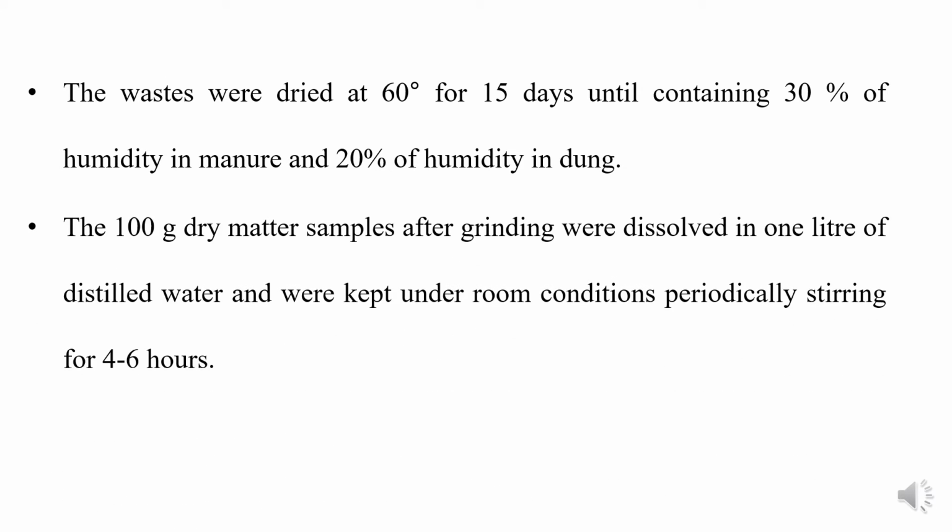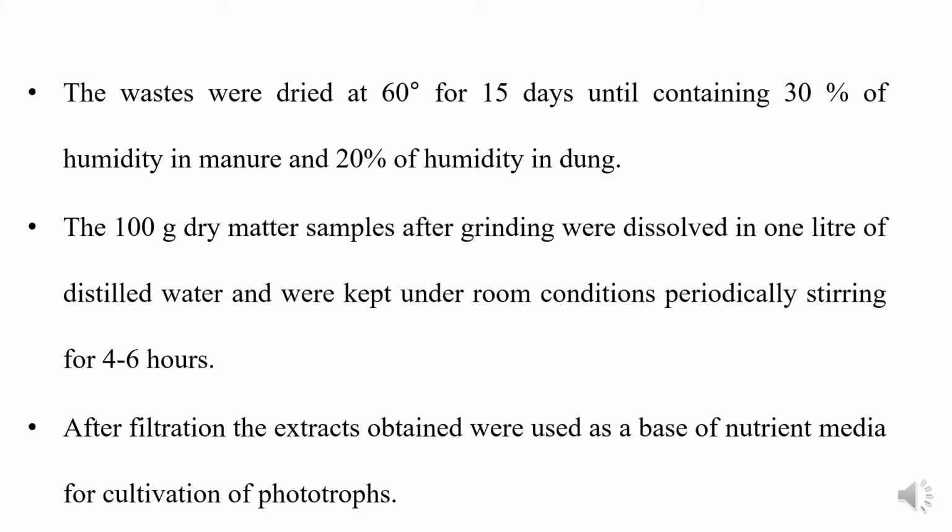After drying, 100 grams of this dry matter sample was dissolved in 1 liter of distilled water, and the solution was kept under room conditions with periodic stirring for 4 to 6 hours.